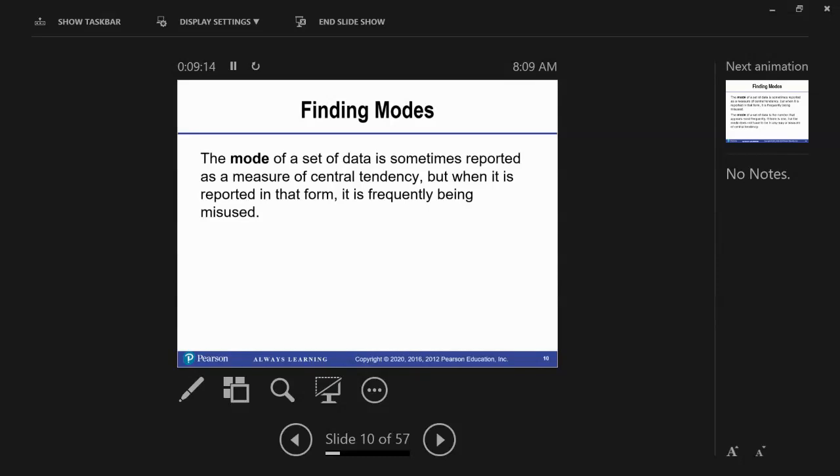Then the mode. When we're talking about data, we talk a lot about mean, median, and mode. So mean was the average, median was the number in the middle, now we've got mode. Mode is sometimes reported as a measure of central tendency, but a lot of times when it's reported in that form, it's frequently misused.